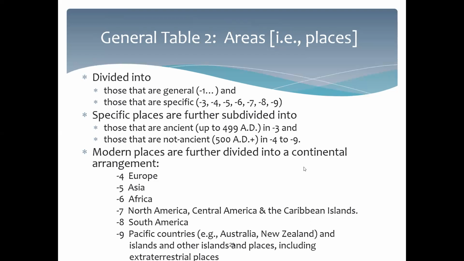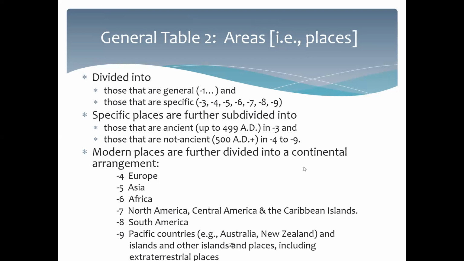Specific places are further subdivided, so you're just going to spend some time with this one, especially next week in the exercises, to really look at those geographic places. Remember, you're going to go as granular and specific as you can. So follow the tables, follow the schedules.